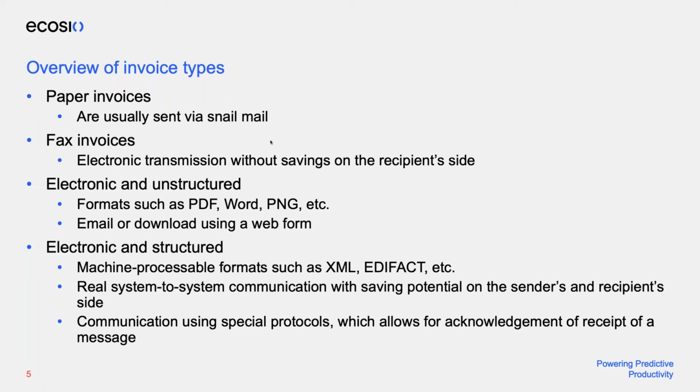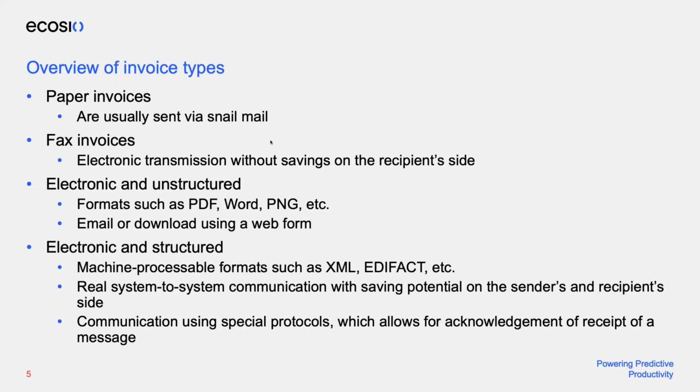And in regard to further electronic invoices, there are electronic and unstructured emails or invoices, which would be PDFs, Word documents, PNGs, and so on. Typically, you would receive these invoices using email, or you would download them using a web form, but no significant improvement occurs there. What we actually aim for, and whenever we talk about e-invoicing in this webinar, we mean electronic and structured.